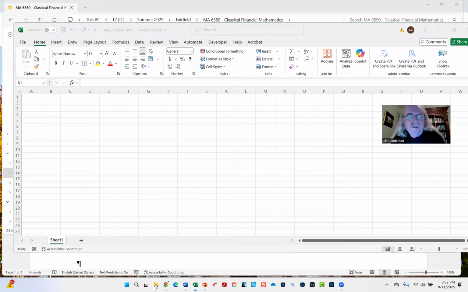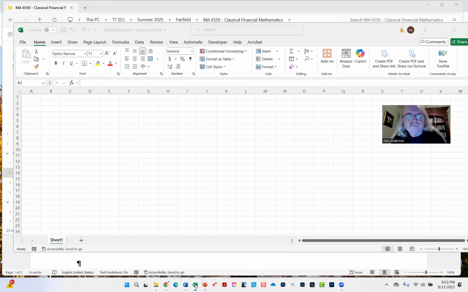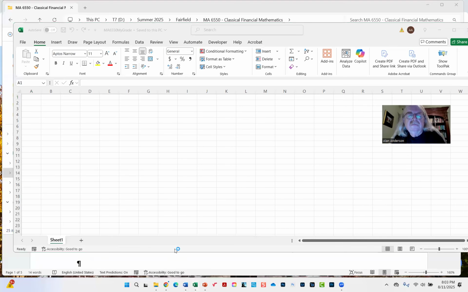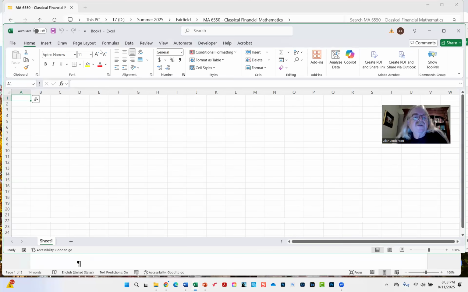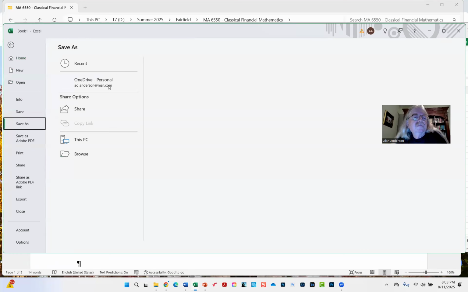Now, if you save a new blank spreadsheet, let me just open up a blank one. You can see when you save one, you do have an option. You probably never noticed it before because you never really needed it. File, save as. Let's say that you just pick any random name.